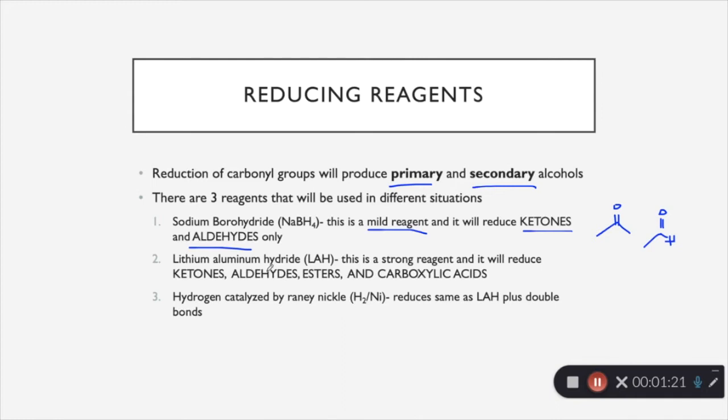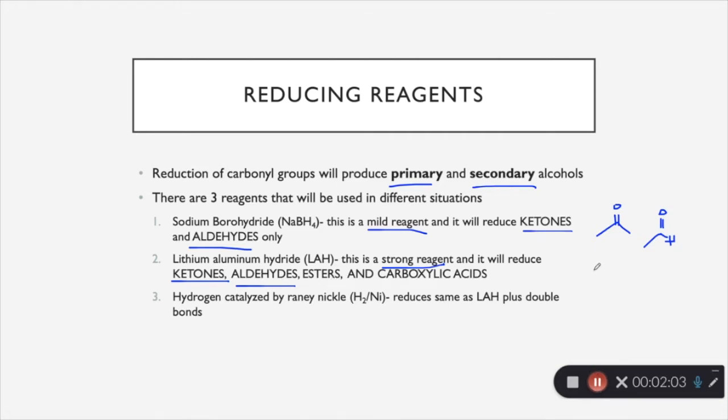The next one we have is called LAH, or lithium aluminum hydride. And this is going to be a very strong reagent, and it will reduce ketones like we see here, aldehydes like we see here, and then it will also reduce esters and carboxylic acids.